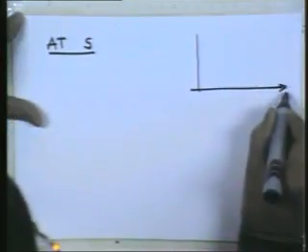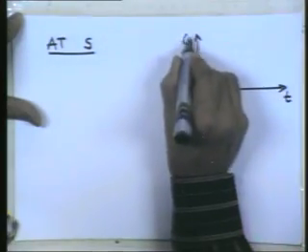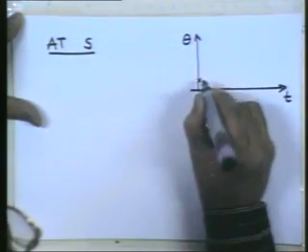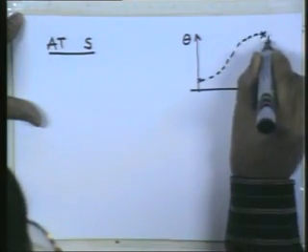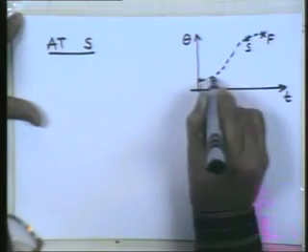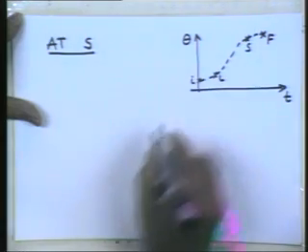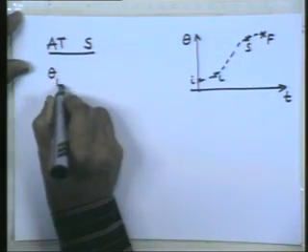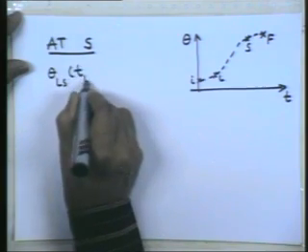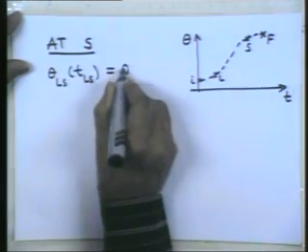So, at S again, F, S, L, I. So, at S, theta LS of TLS should be the position that we have prescribed.